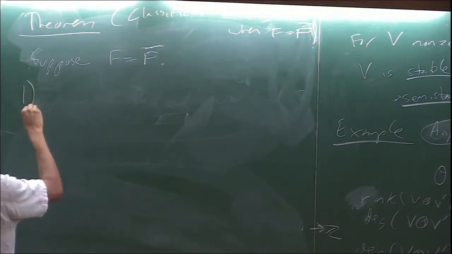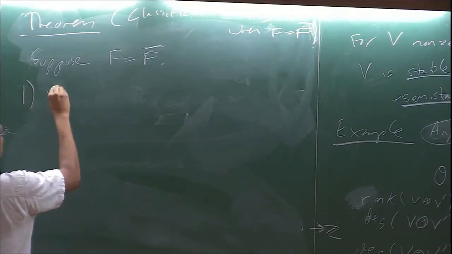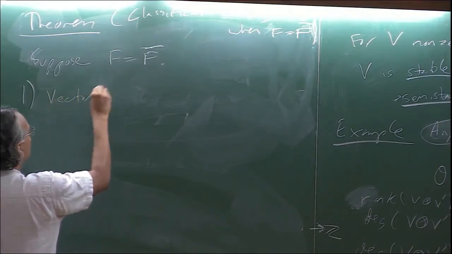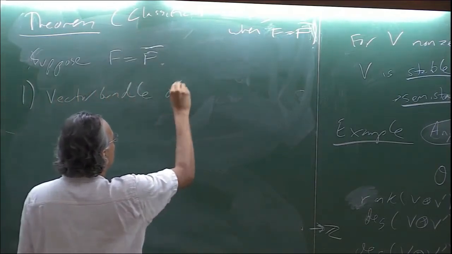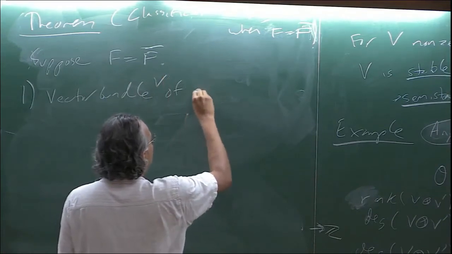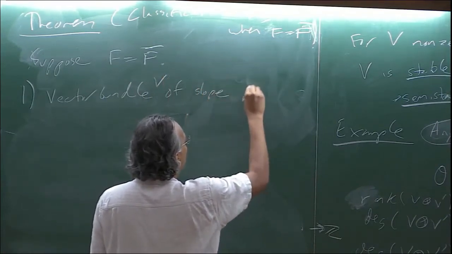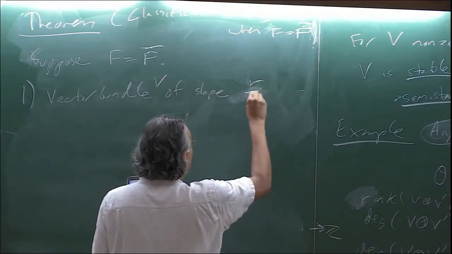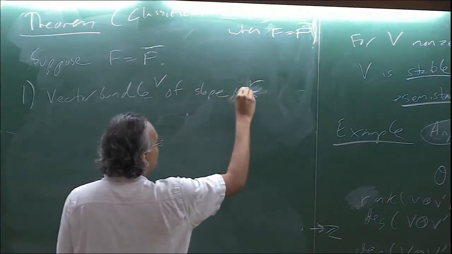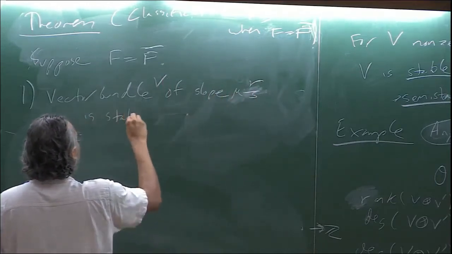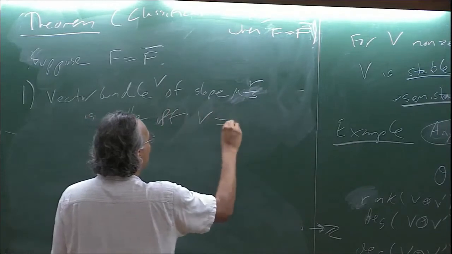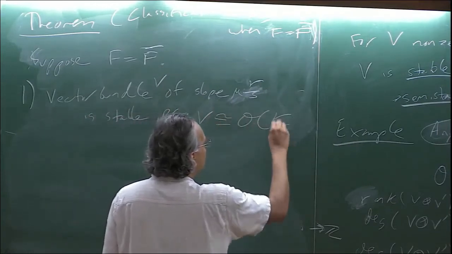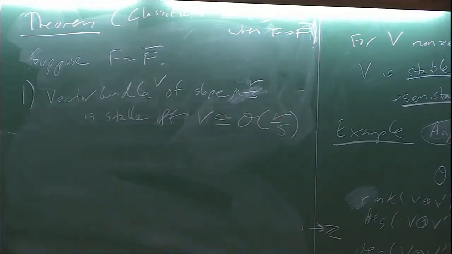Part one of the statement: a vector bundle V of slope mu, say, I'll write it as R over S, is stable if and only if it's isomorphic to O of R over S.